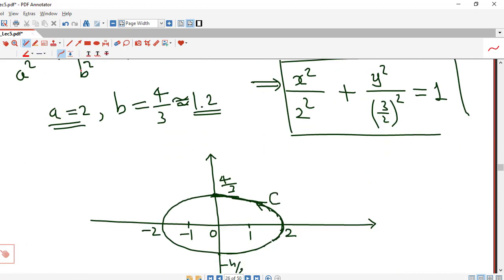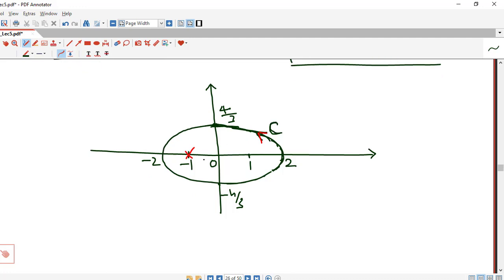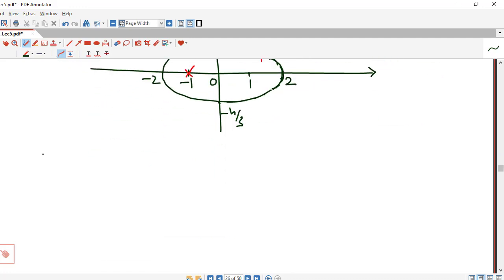So it is obvious that z equal to -1 lies inside the ellipse, and f of z is analytic everywhere except z equal to -1. That means f of z is analytic everywhere inside and on the ellipse except only one point, z equal to -1. So the hypothesis is satisfied.